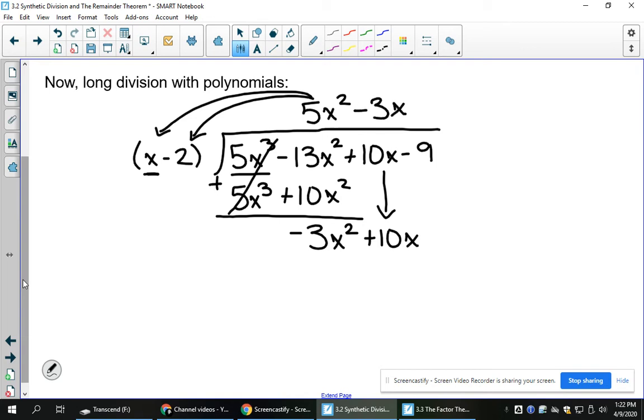Negative 3x would work. Negative 3x times negative 2 would be positive 6x. And I would subtract both of these terms. So this would become plus and this would become minus. Those cancel, and I get 4x.